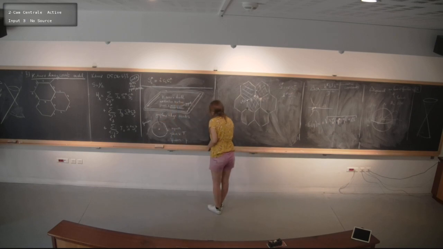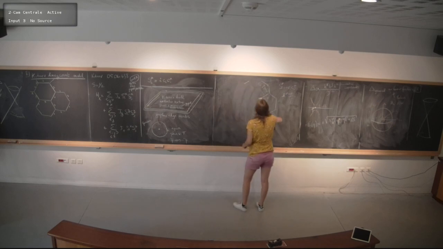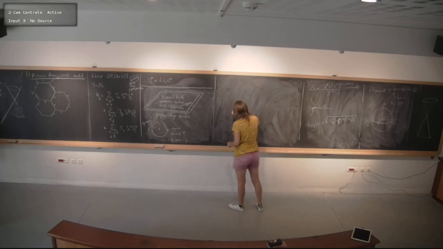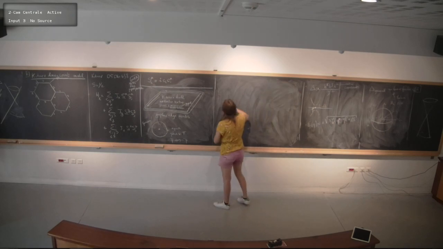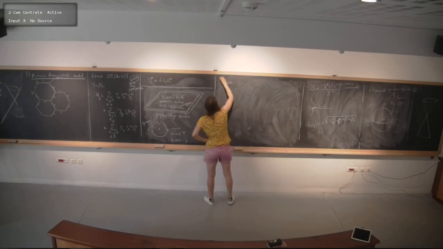And for non-abelian particles, if you move one around another, it depends how you do it. So non-abelian particles are called anyons.